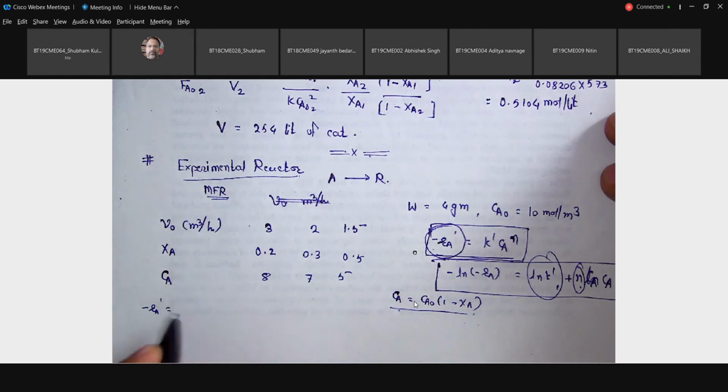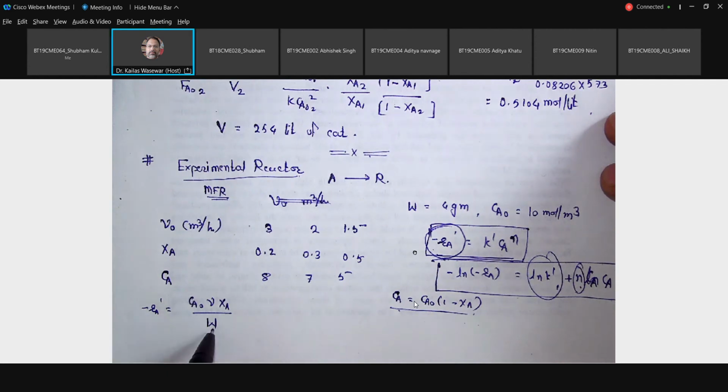So it will be Ca0 V Xa upon the weight of the catalyst, because this is Fa0 Xa upon W. So when you calculate it, what will be the values? It will come the same value, around 15, 15, 15.